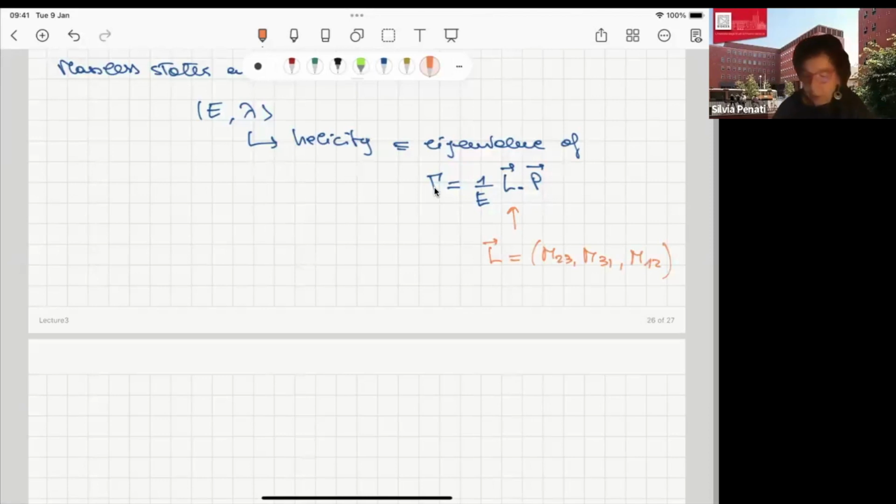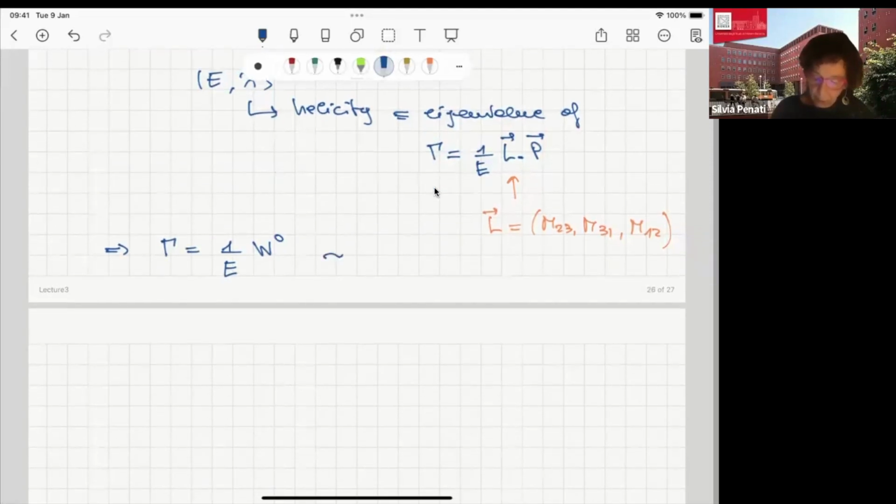Okay, therefore, if you remember the way we defined the Pauli-Lubanski vector, basically what you get is that W, let me write this way, gamma is nothing but 1 over E W0, the zero component of the Pauli-Lubanski vector.